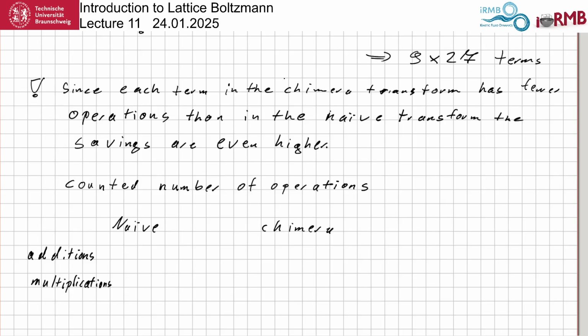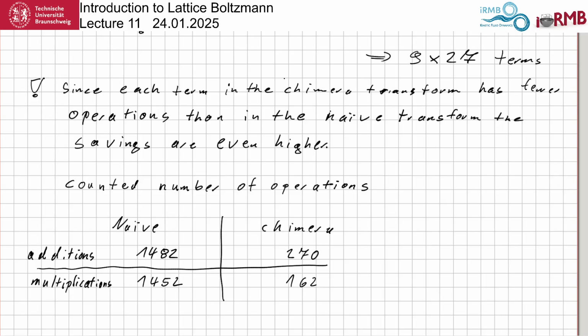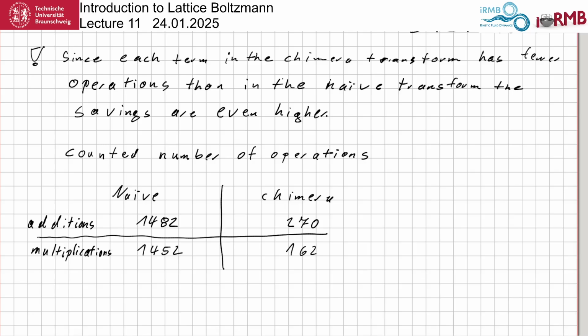So the naive transform has 1,482 additions, which sounds like a lot, and it has 1,452 multiplications. Now the chimera transform has 270 additions and 162 multiplications. I don't need to say that this is a difference. So we have only 1/5 the number of operations.